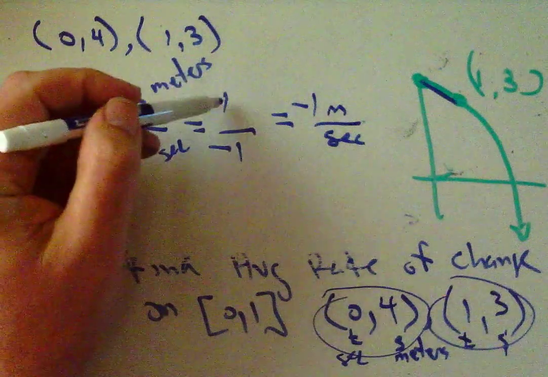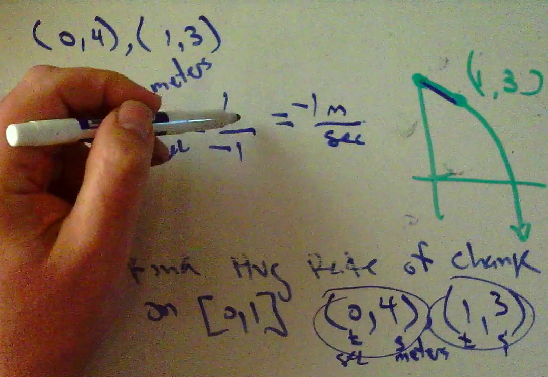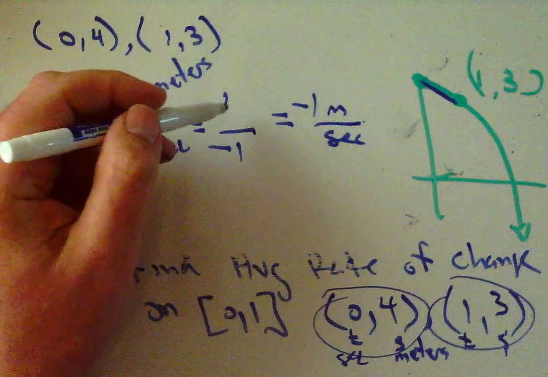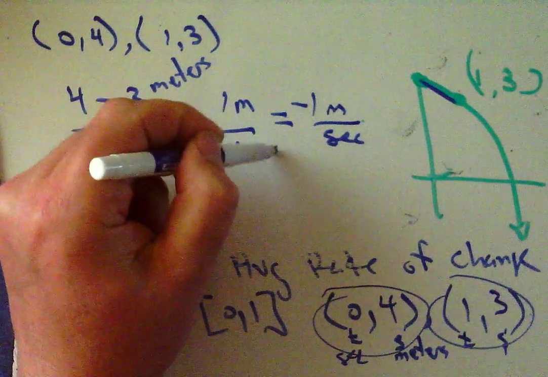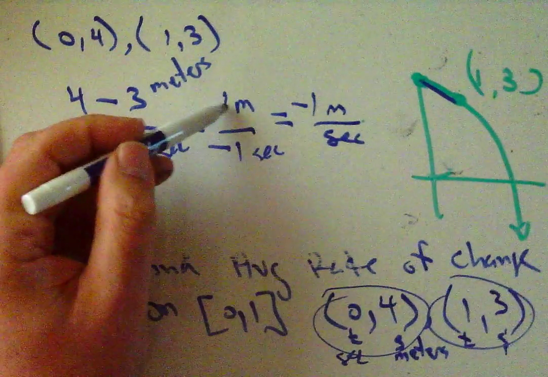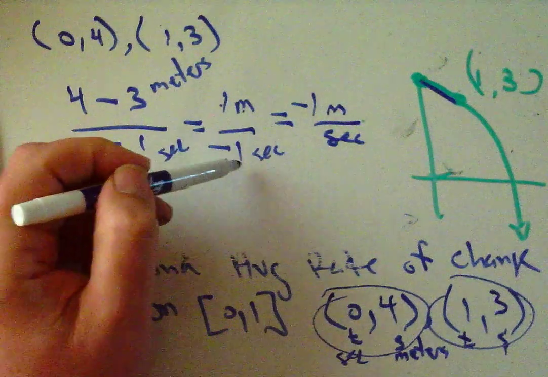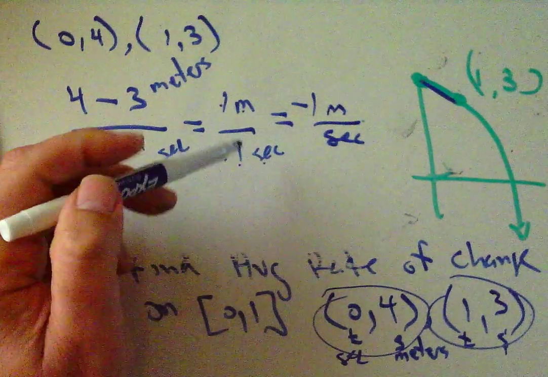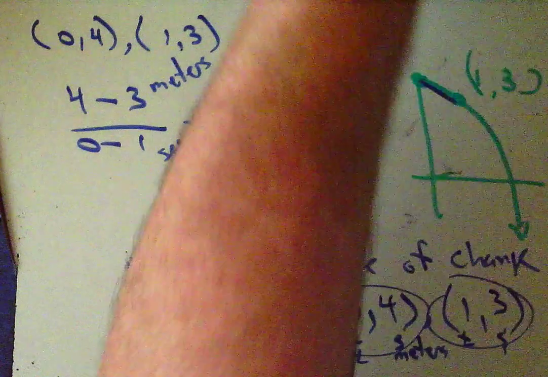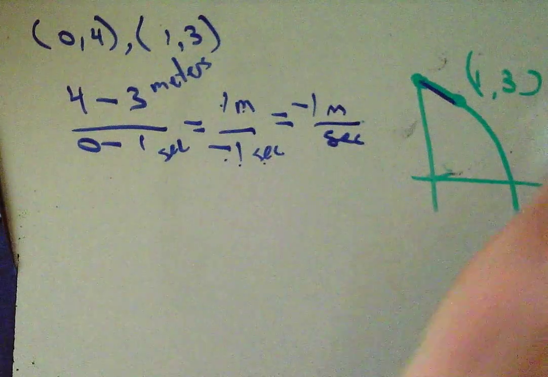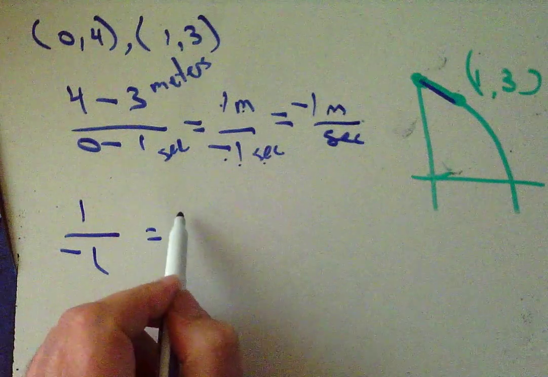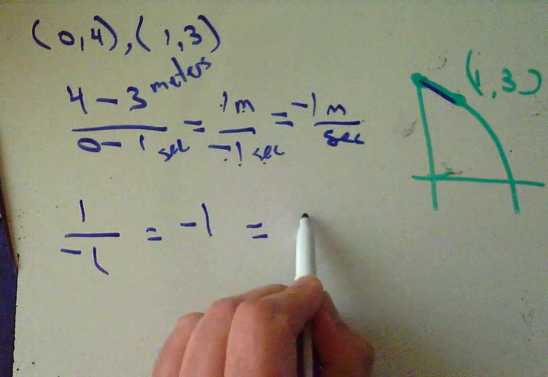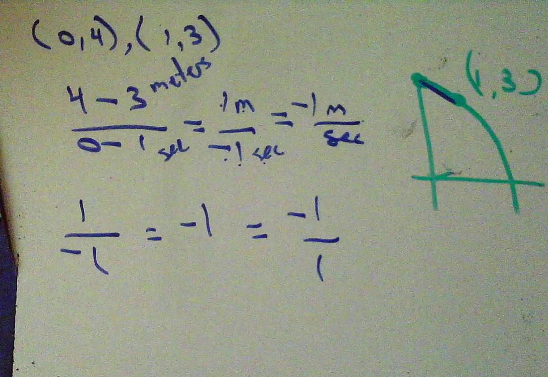Sometimes I find it useful to use this fractiony form as a way of applying the units. But when I see it here, for a lot of students, it doesn't make sense to say I go up 1 unit for every -1 second. Yeah, remember, your 7th grade math teacher tried very hard to get you to understand that this was the same as this was the same as this.